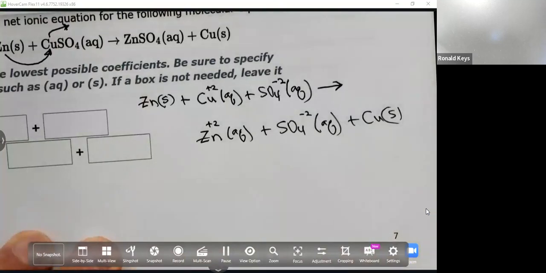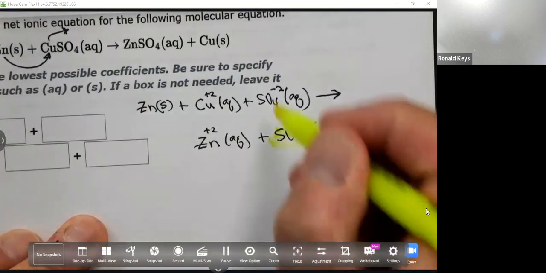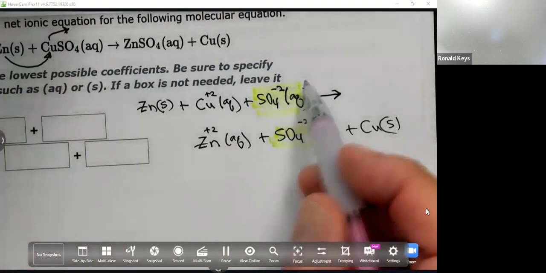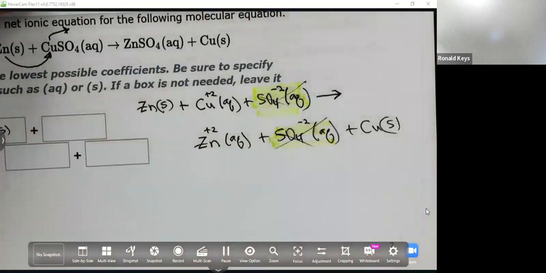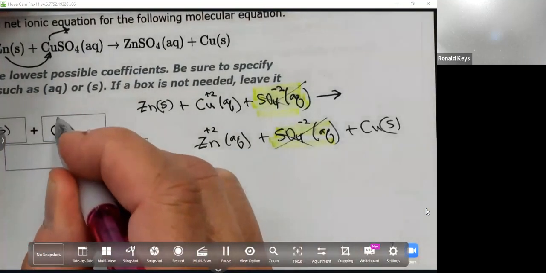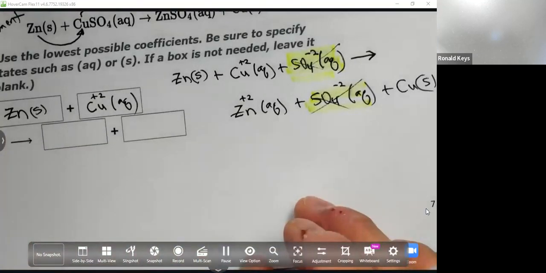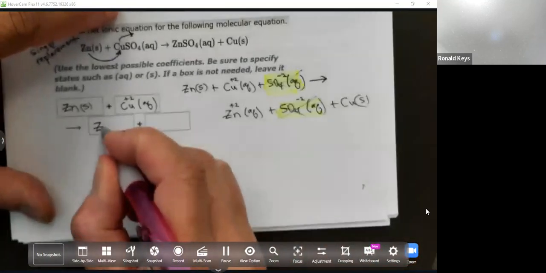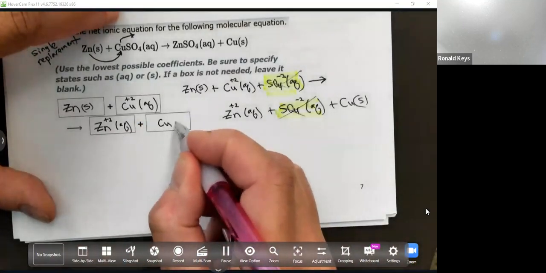Now, what is exactly the same on both sides? Sulfate. So if we cross out our sulfate as our spectator ion, it looks like we're going to have zinc solid, copper plus 2 aqueous, yields zinc plus 2 aqueous and copper solid.